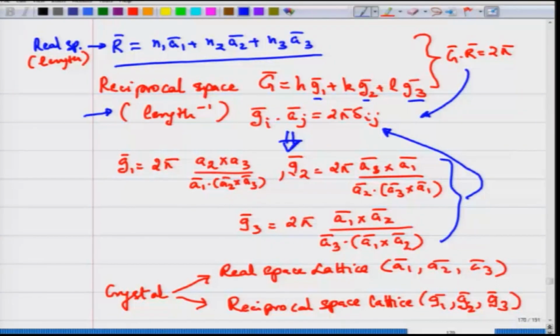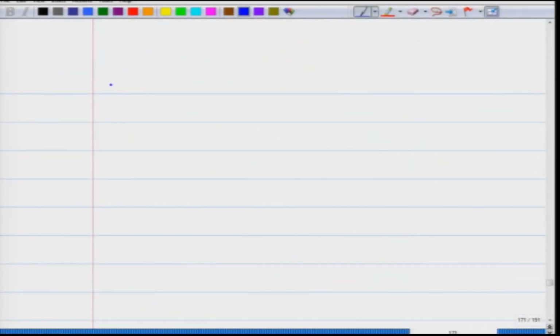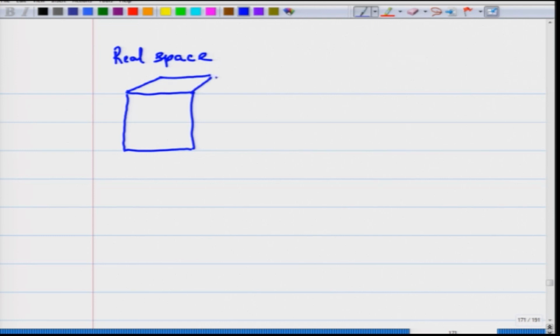So, let us try and do one example where I take a body centered cubic lattice in real space.